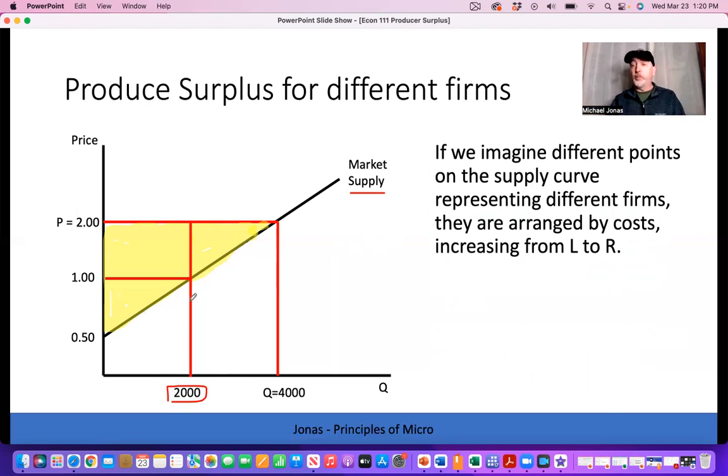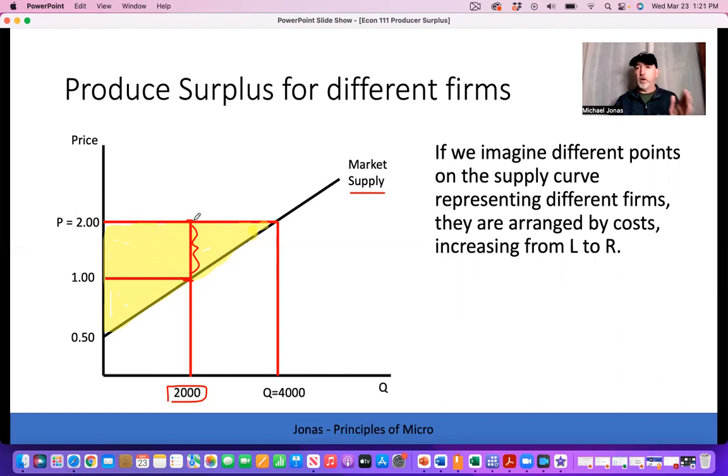Well, clearly their producer surplus for that unit produced is going to be different from any other firm, right? They're going to be exacting this distance, right, between their marginal costs, say $1 per cup, and the price they can sell it at, the $2 for that marginal unit.